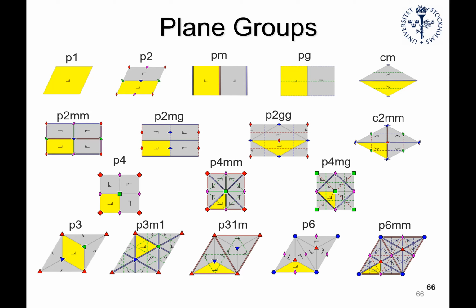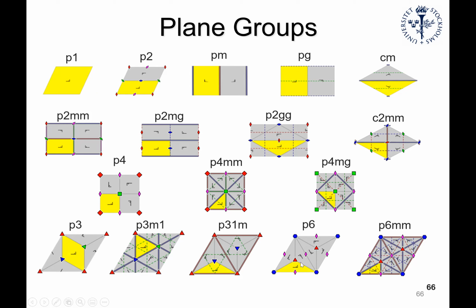So be careful. Also I want to point out that the name of the plane group doesn't actually tell you about all of the symmetry elements in that plane group. For example, in P6, you have 6-fold rotational symmetry, as the name suggests, but you also have 2-fold rotational symmetry, these diamonds, and you also have 3-fold rotational symmetry, these triangles.